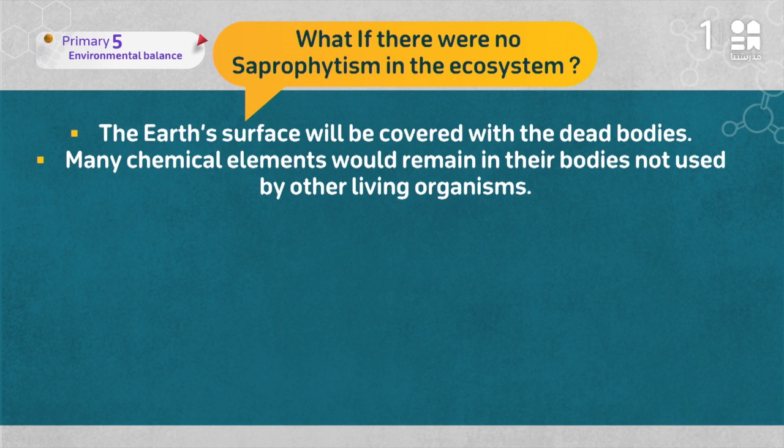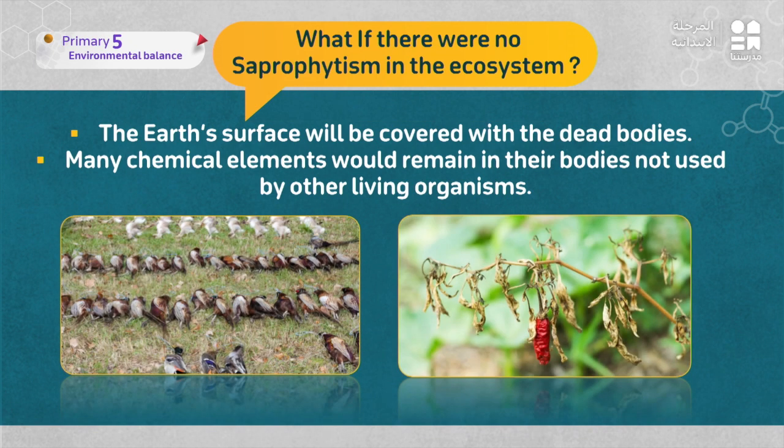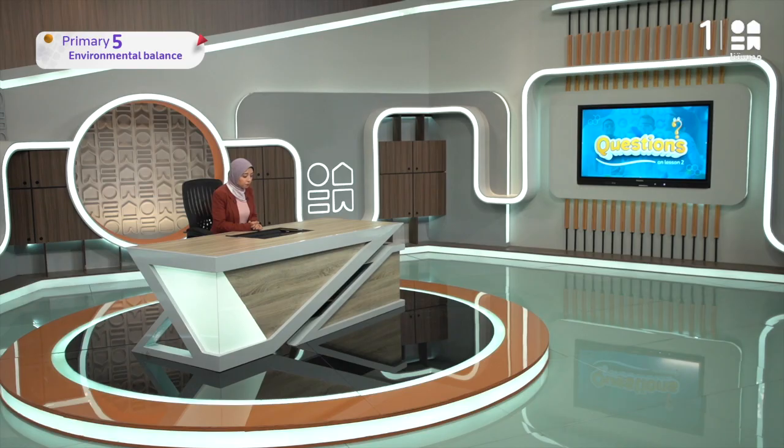Then the Earth's surface will be covered with the dead bodies, and also many chemical elements would remain in their bodies not used by other living organisms. وكمان مش هنقدر نستفاد أي organism مش هيقدر يستفيد بالelements اللي موجودة في الdead organism.